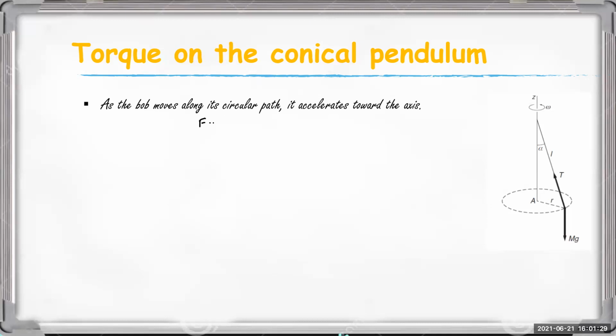Then F must be equal to the horizontal component of the tension. F is equal to minus T sine alpha R cap.